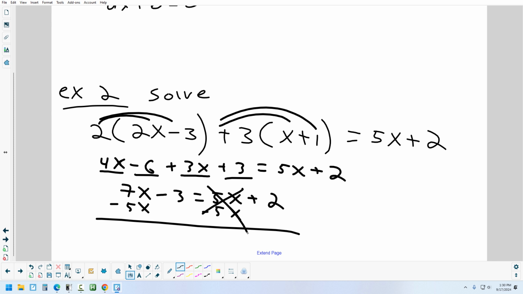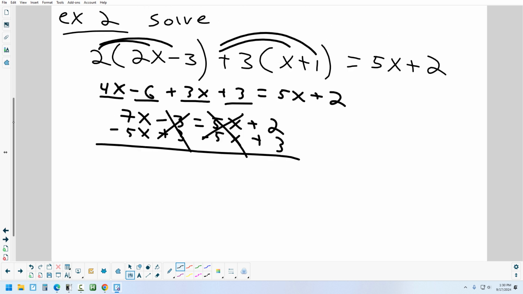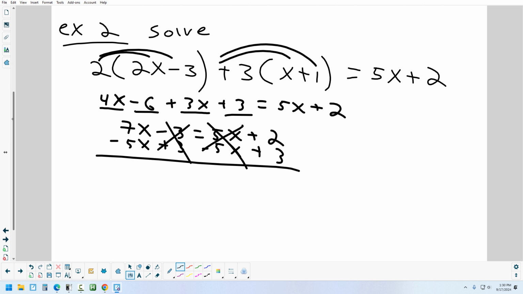Yeah, we can put the 3 on the other side. This saves us having to write it again if we do those 2 steps at once. What do we have on the left side now? 2x. And then the right side is 5. So then divide by 2.